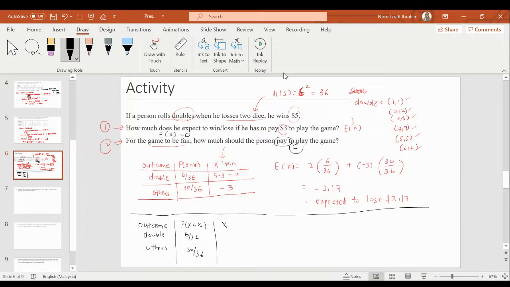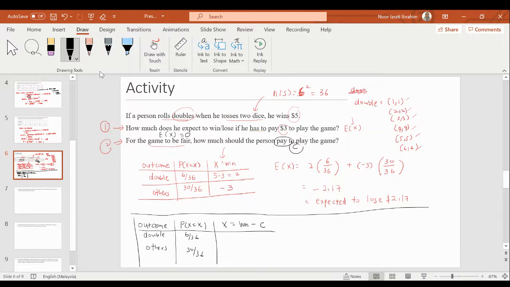But the X will be the winning price minus the cost, because we don't know how much the player needs to pay. We have to find this unknown C.